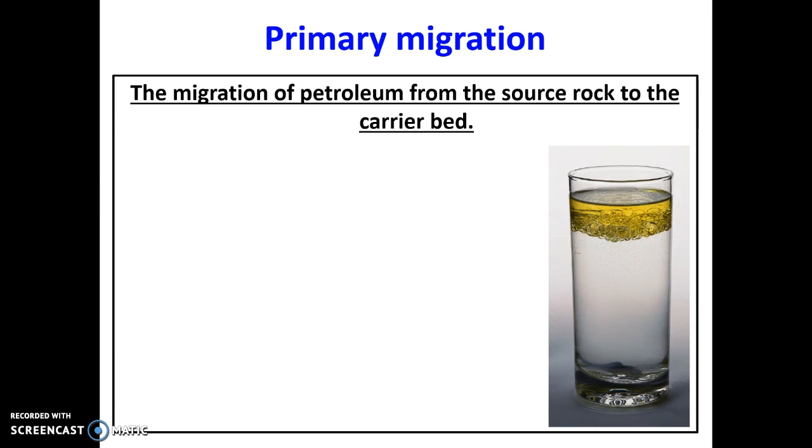If water containing oil and gas in that rock is squeezed out of the clay and shale into the permeable reservoir rock, the petroleum must displace the water that is already present in that permeable rock. This will cause a flow of water through the reservoir rock to the surface.